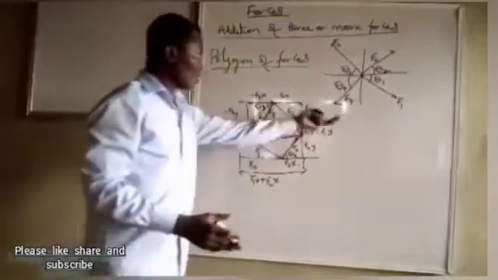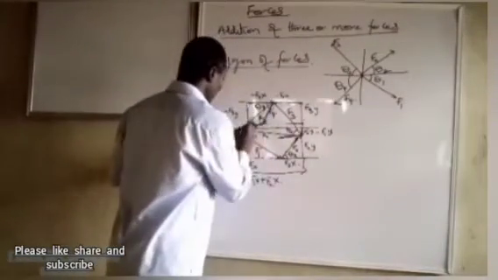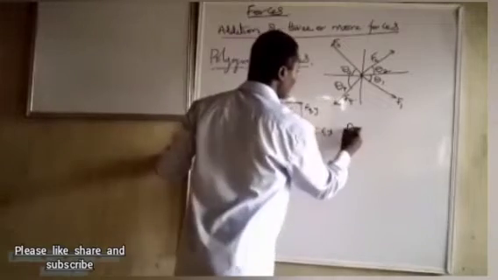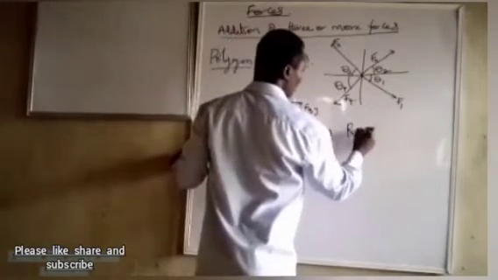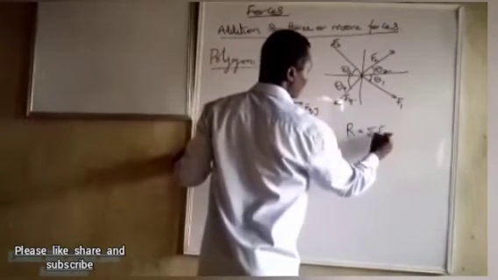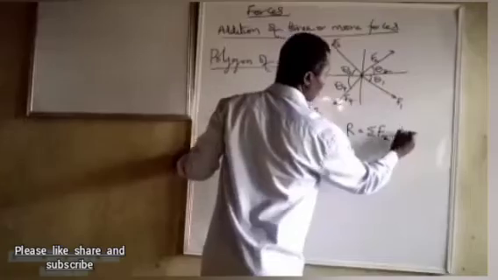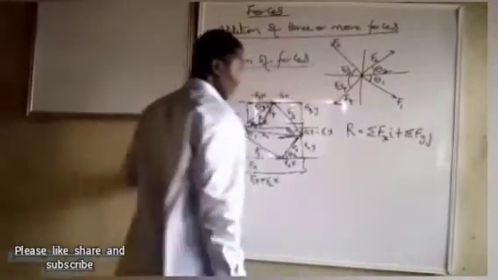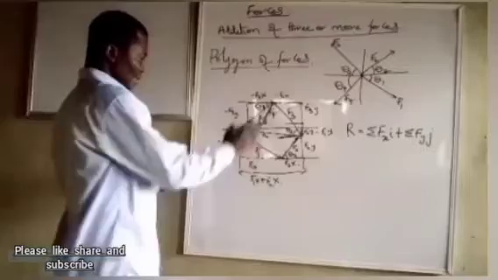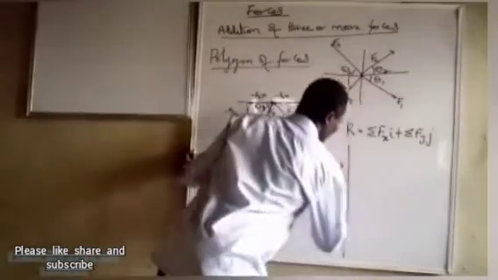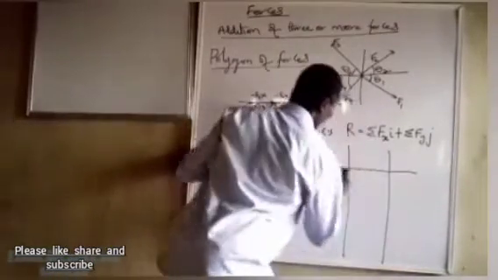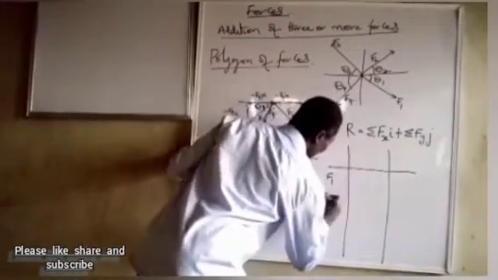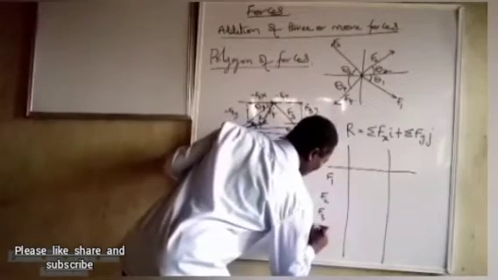All you need to do is, for this R now, R will be the summation of Fx i plus the summation of Fy j. That is after you have resolved each of them. Let's see what it will be like. F1, F2, F3, F4.